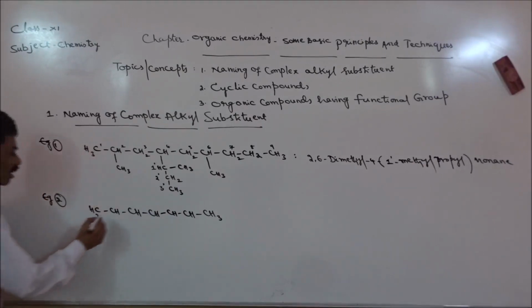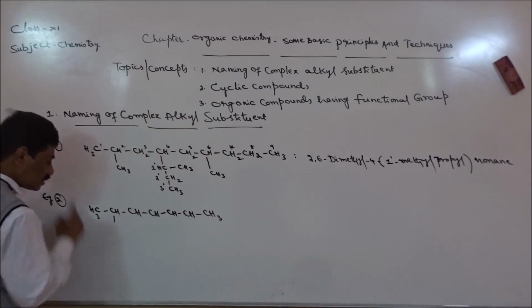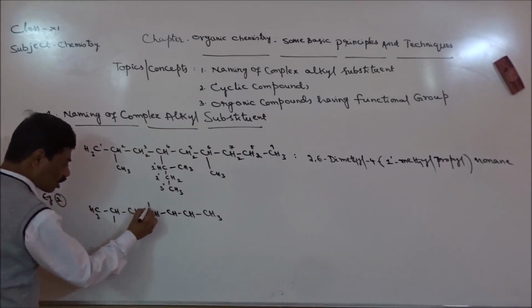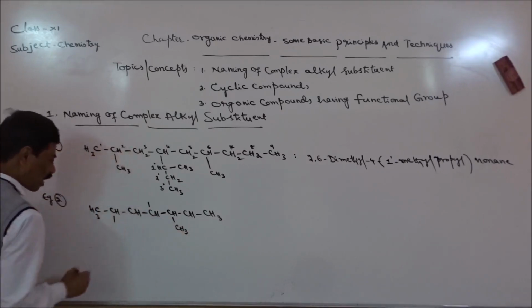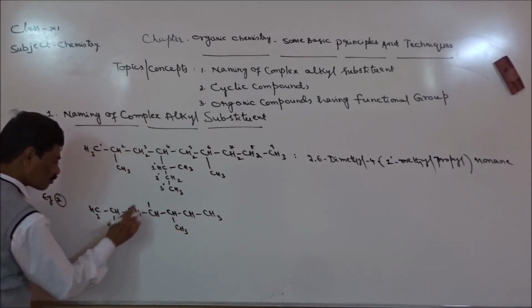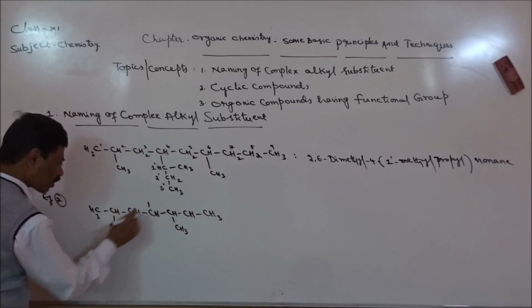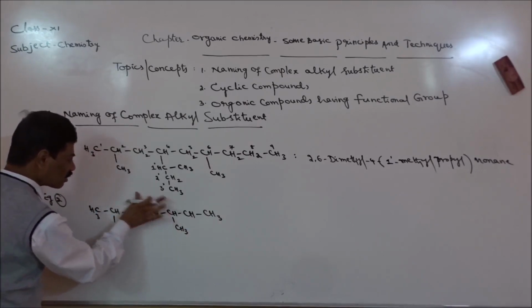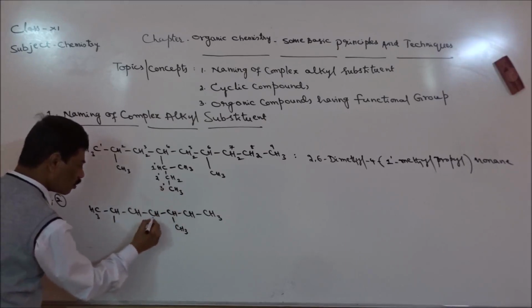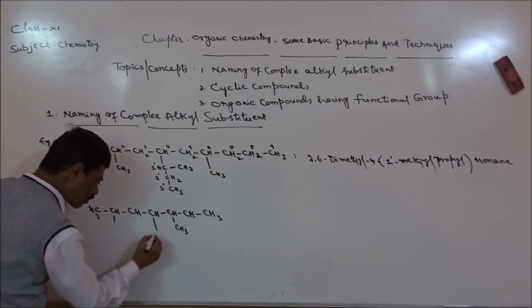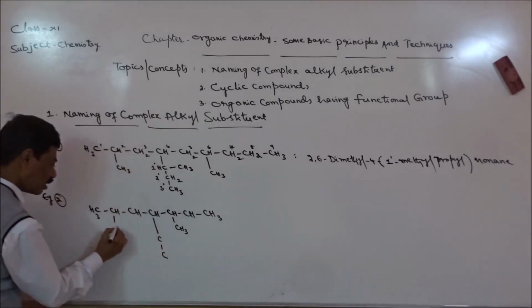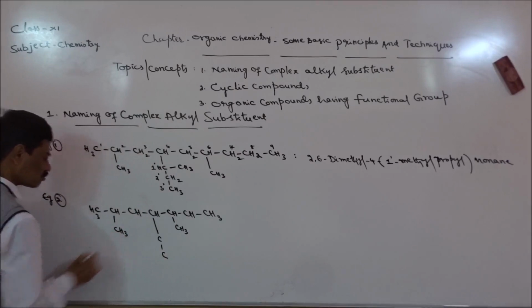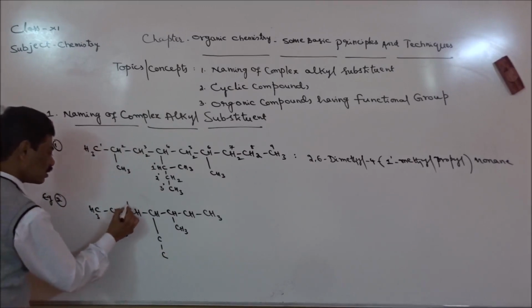Now to the second carbon atom, right? The fourth carbon atom and the fifth carbon atom, I am adding a methyl group. Here, it is lengthy, so let me show this down. Here 2 carbon atoms, and here methyl, and here methyl.